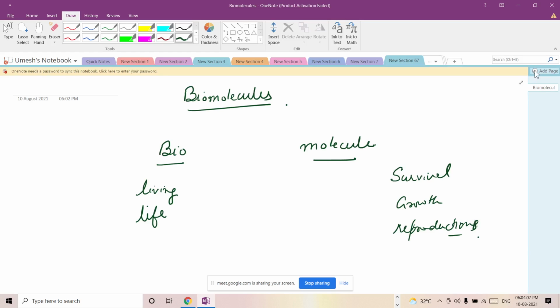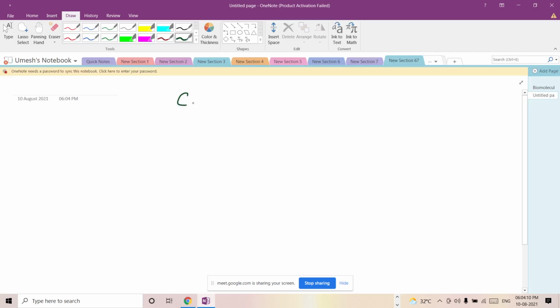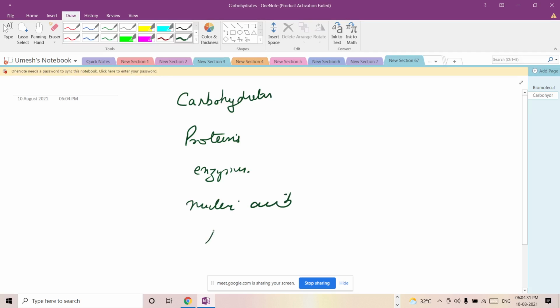These molecules are carbohydrates, proteins, enzymes, nucleic acids, lipids, fats. All these are biomolecules. Without them, life is not possible.